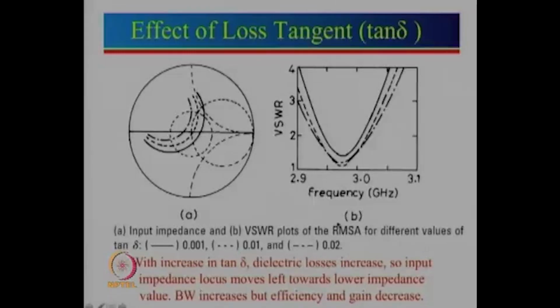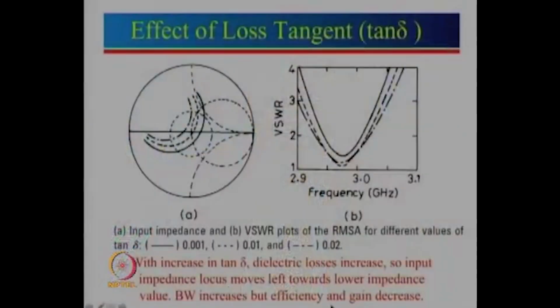A typical FR4 substrate or glass epoxy substrate has a tan delta of 0.02. If we now see the three curves here, this is for 0.001, this is for 0.01 and this is for 0.02. What we can say is that as loss tangent increases, the whole configuration becomes more lossy.